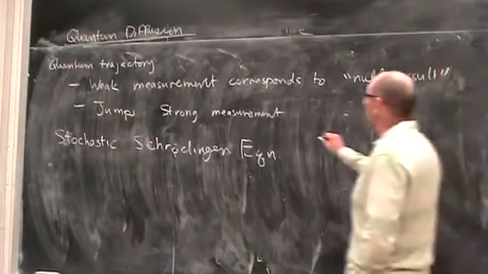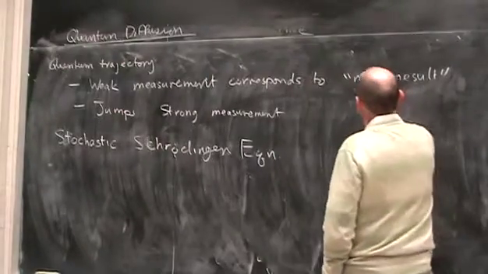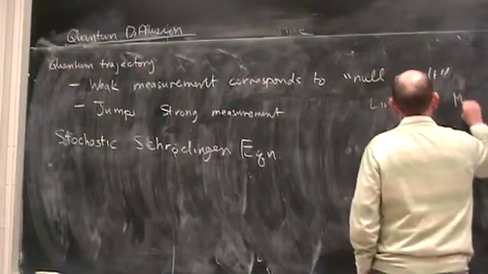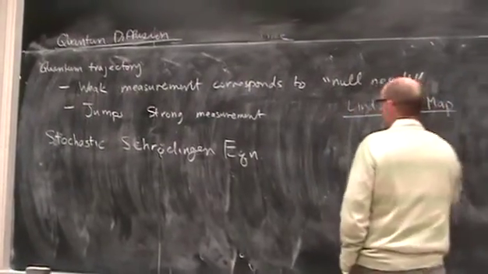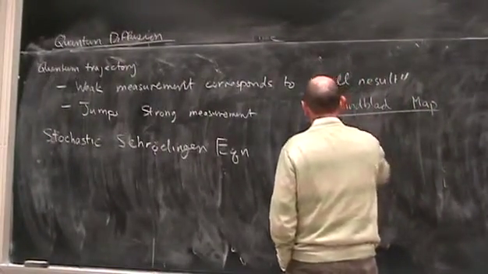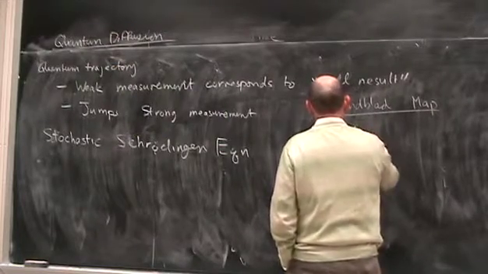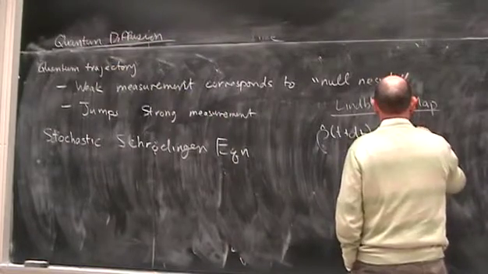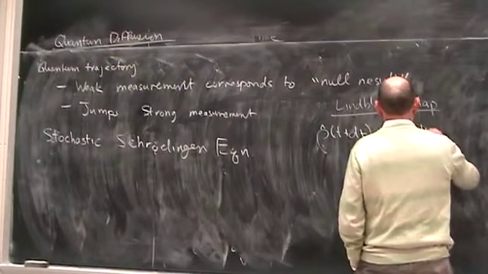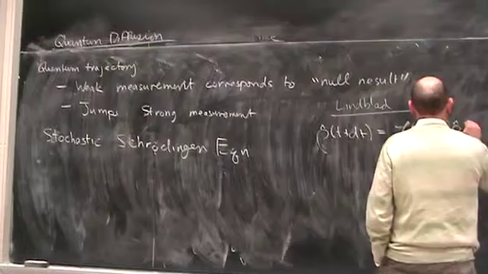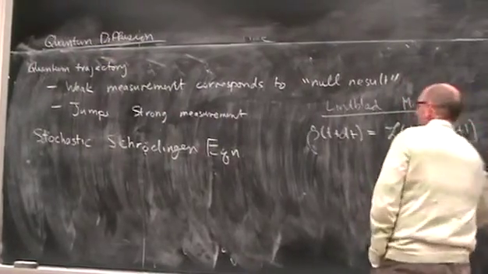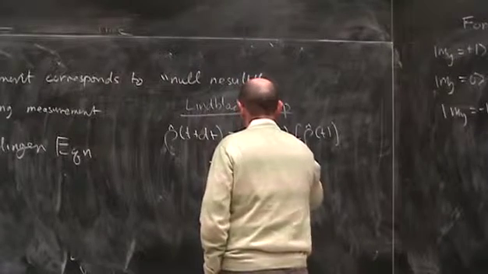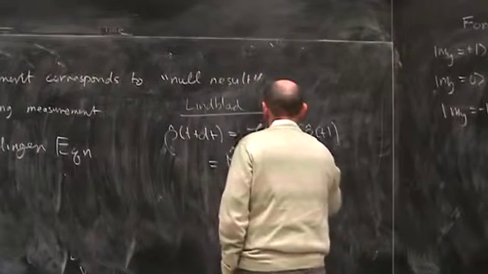So we have our Lindblad map, which tells me that we can map that in this way with what we call Kraus operators M0 and M mu.